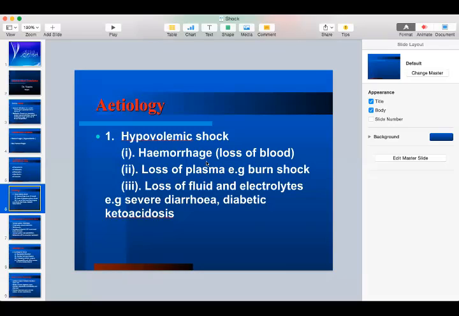Basically, diabetic ketoacidosis is a severe form of diabetes that commonly occurs as a complication of type 1 diabetes, which is also the juvenile diabetes, right? In which your immune system attacks the cells that produce insulin in the pancreas, the beta cells.